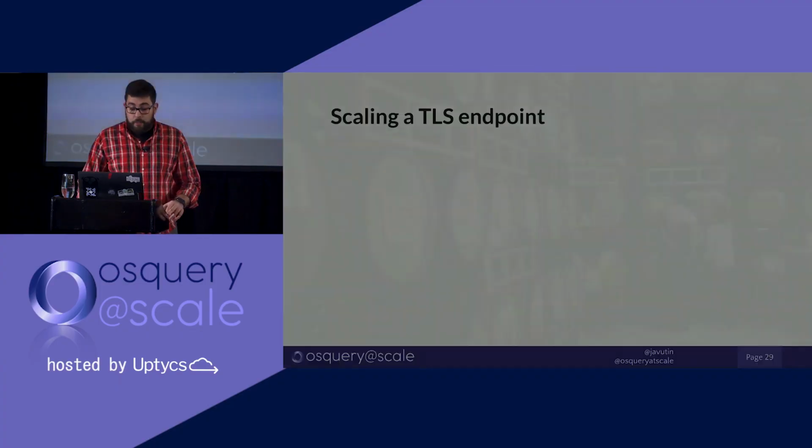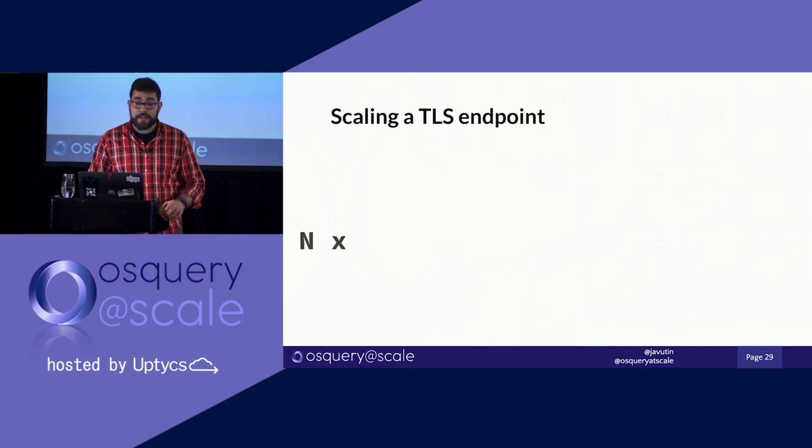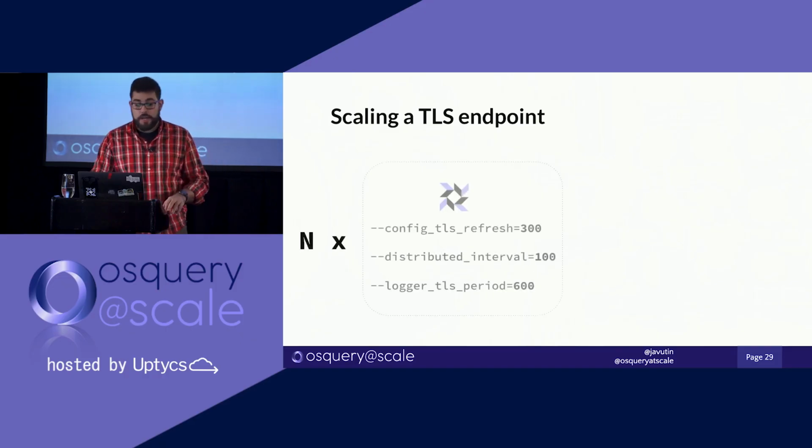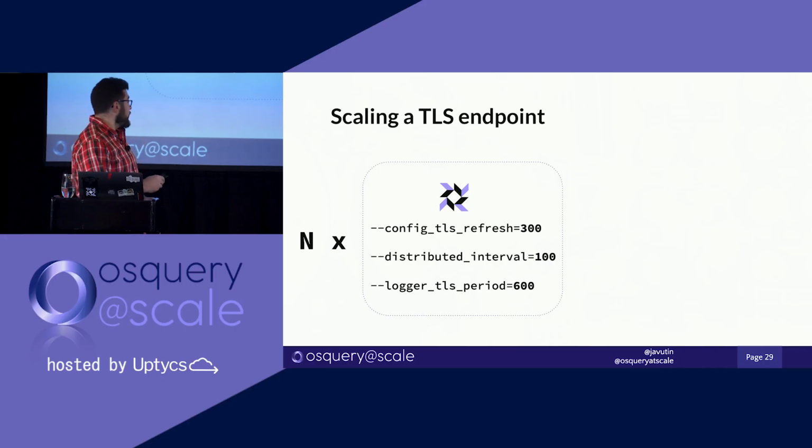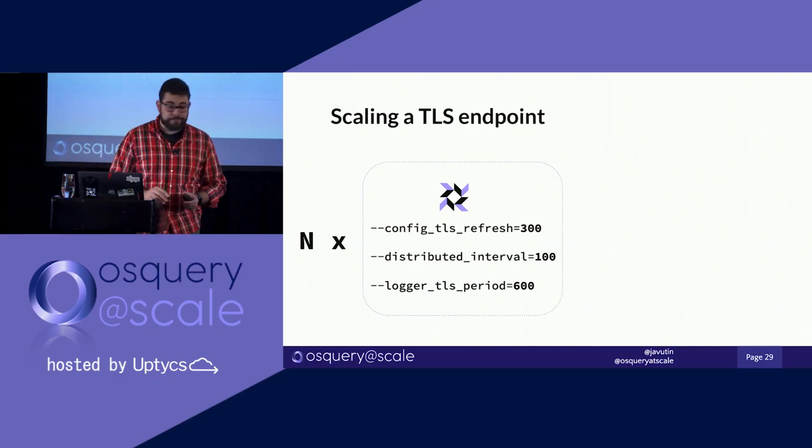What happens when you have an n number of nodes, and these numbers are kind of easy to work with, but you have one value for the config TLS refresh, another value for the distributed interval, and another value for the logger?